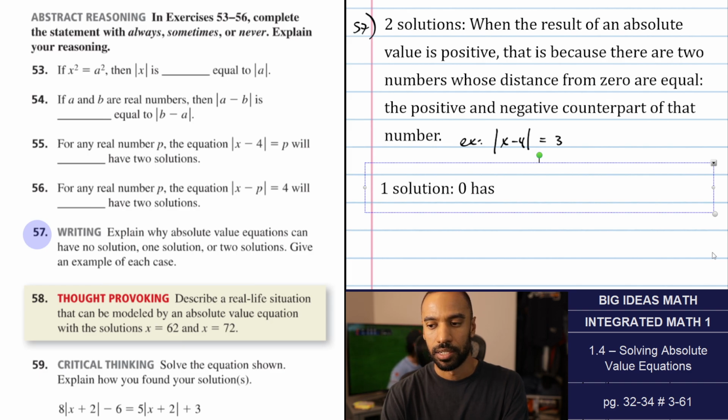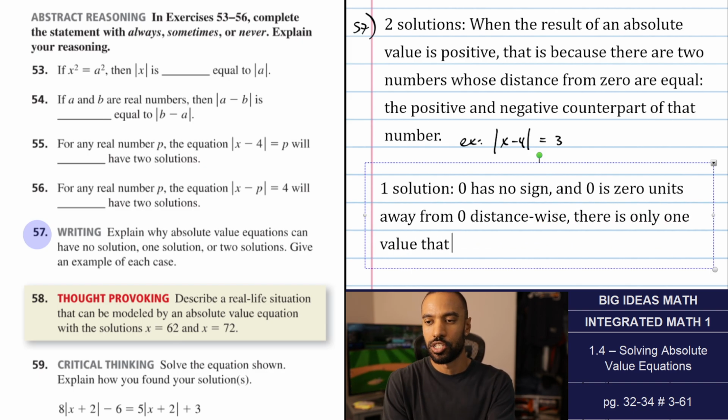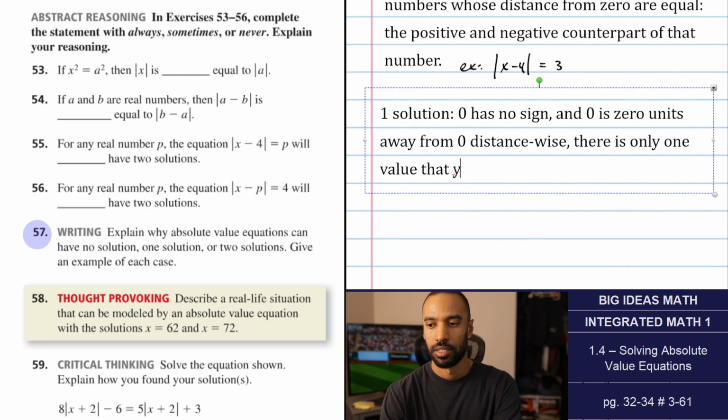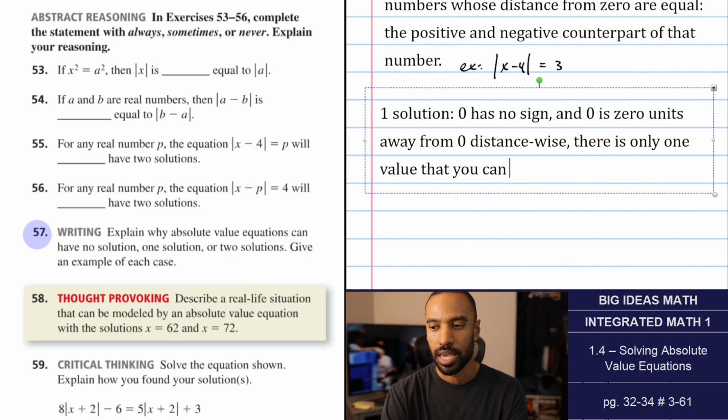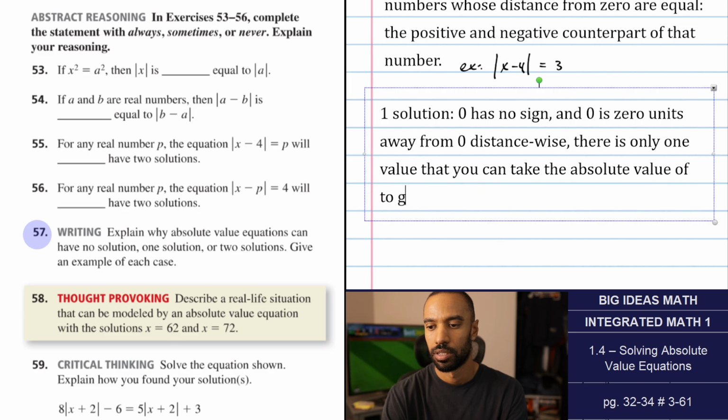Zero has no sign, and 0 is 0 units away from 0 distance-wise. So there is only one value you can take the absolute value of to get 0, and that is 0.